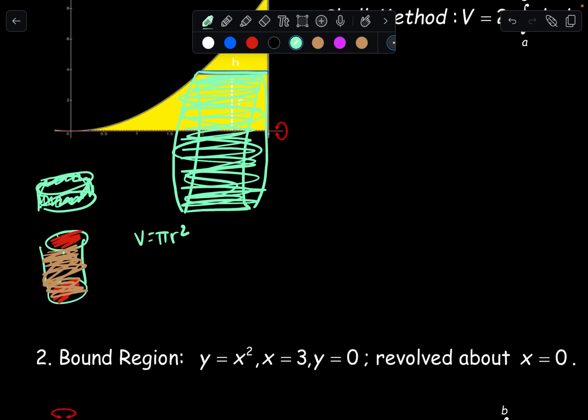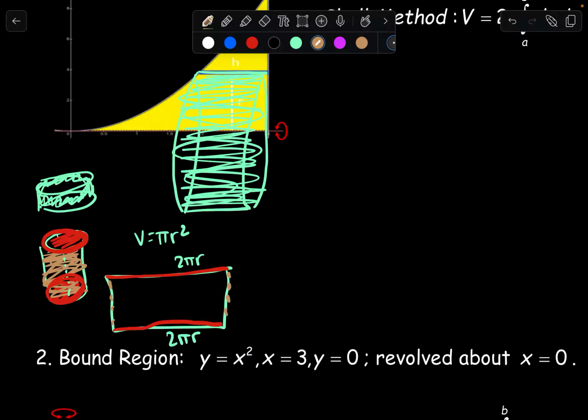I'm gonna cut the wrap on one side, so I end up opening it up and we end up with a square, okay? So this is where I cut the wrap, right, on both sides. And then that means the length of the top is going to be the circumference of the top circle, and then the length of the bottom is the circumference of the bottom circle. Circumference of a circle is 2 pi r.